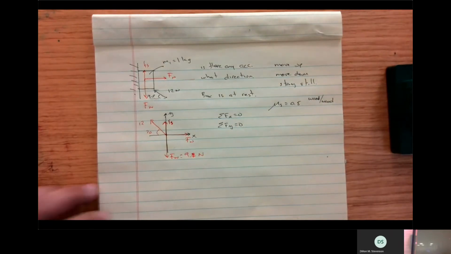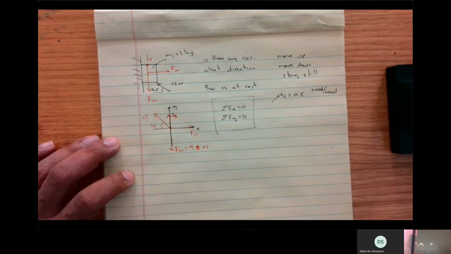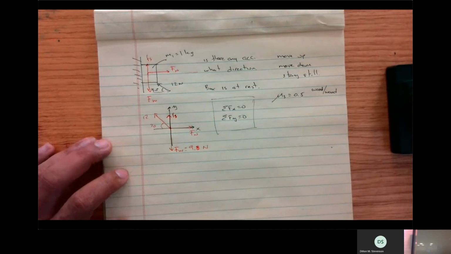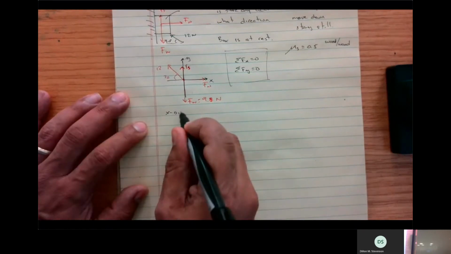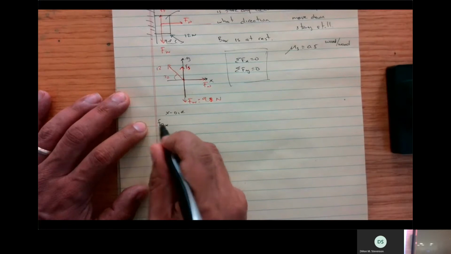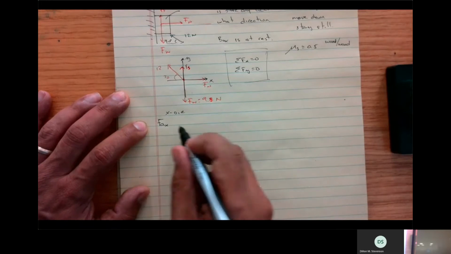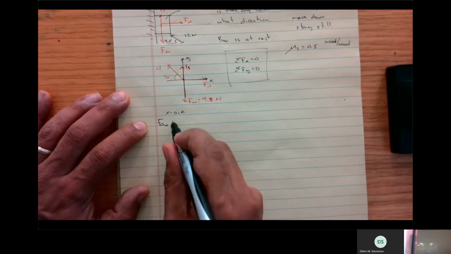So these are my Newton's second law equations, the ones I'm trying to solve. I'm going to start with the forces in the X direction. In the X direction, I have the X component of the applied force plus the normal force, and that's going to be equal to 0.